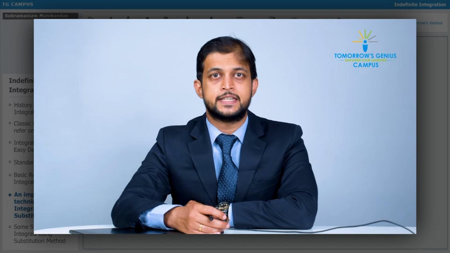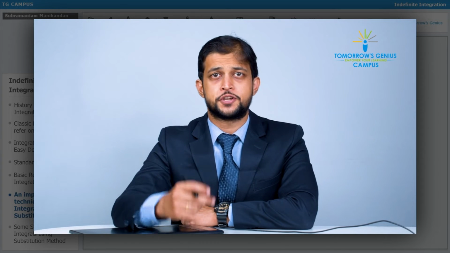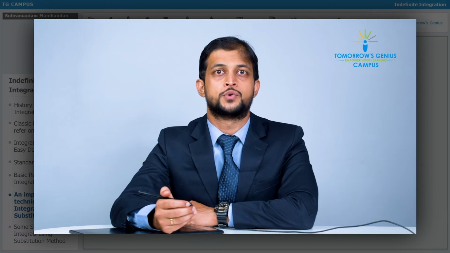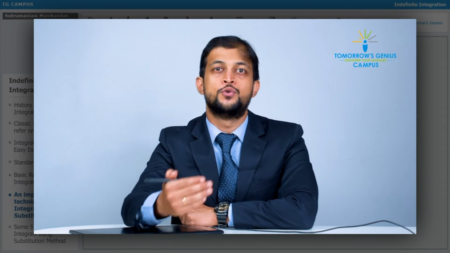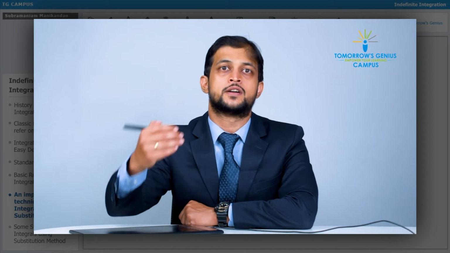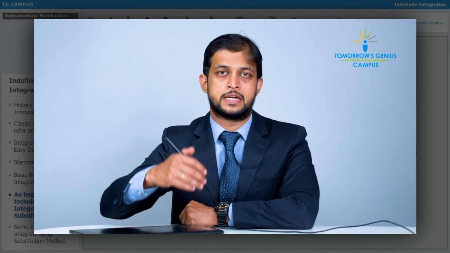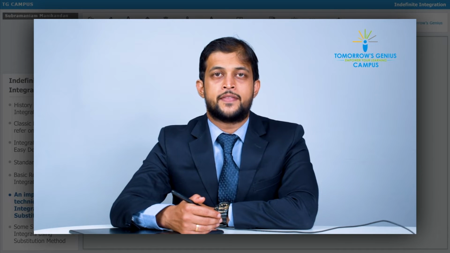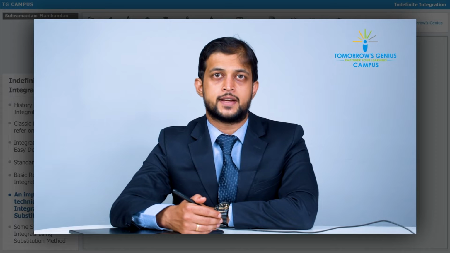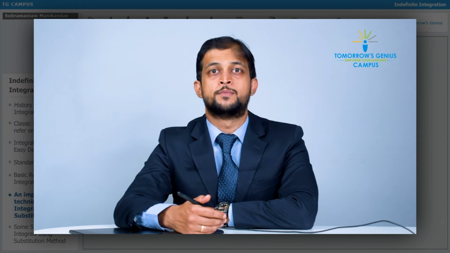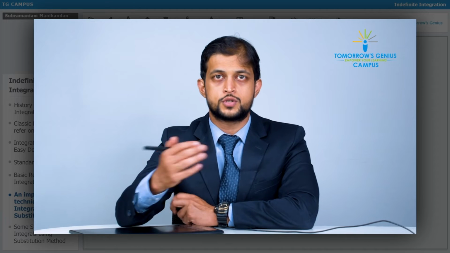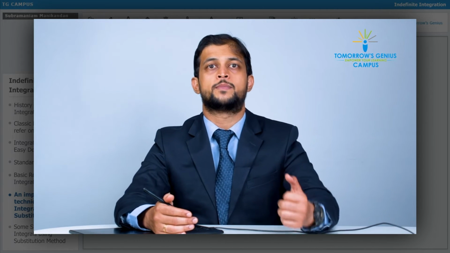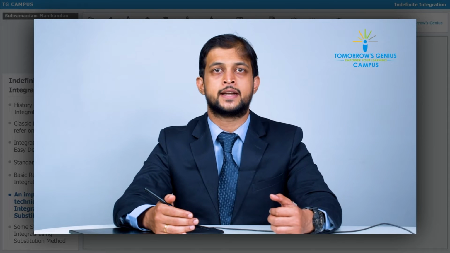So as we have seen, in differentiation you can differentiate virtually any function that is given to you. However, the same is not true of integration, because there are only certain forms of functions, certain types of functions which can be integrated successfully. And therefore, we need to find out certain techniques which will simplify the integration for us. So most of the integration techniques are aimed towards simplifying complex functions which are too hard to integrate directly.